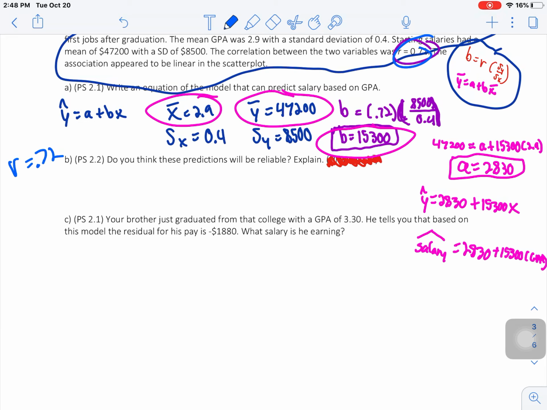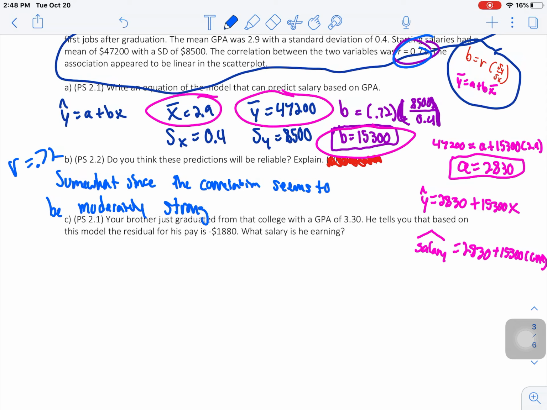And for something like this, I would say maybe somewhat, since the correlation seems to be moderately strong at R equals 0.72.